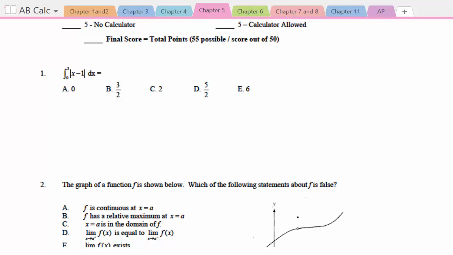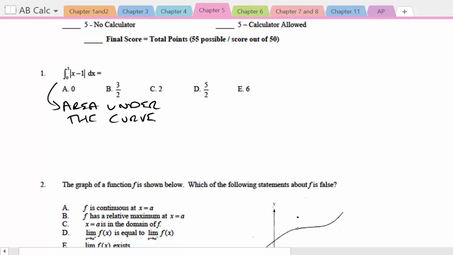Let's go over how you would do this on the test. What you want to do is graph this, because you have no other way of finding an antiderivative, but you know that this can be the area under the curve. Absolute value of x minus 1 is a V-shaped graph that's shifted to the right one.